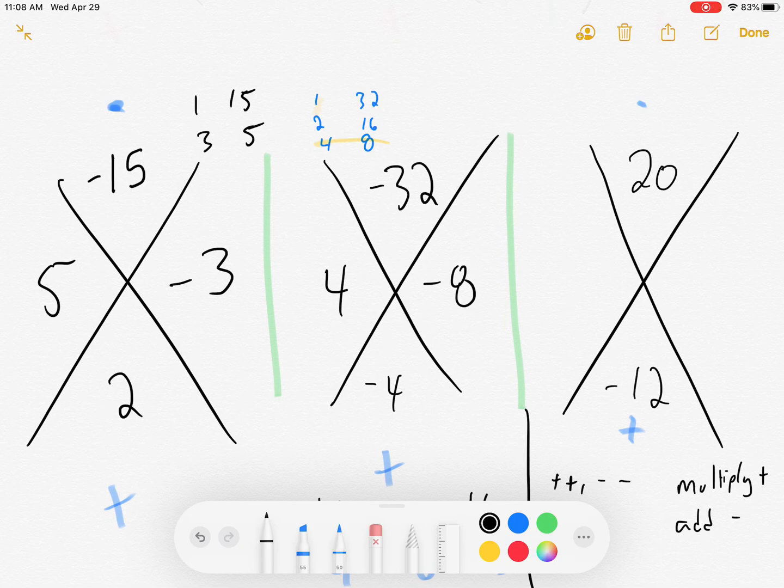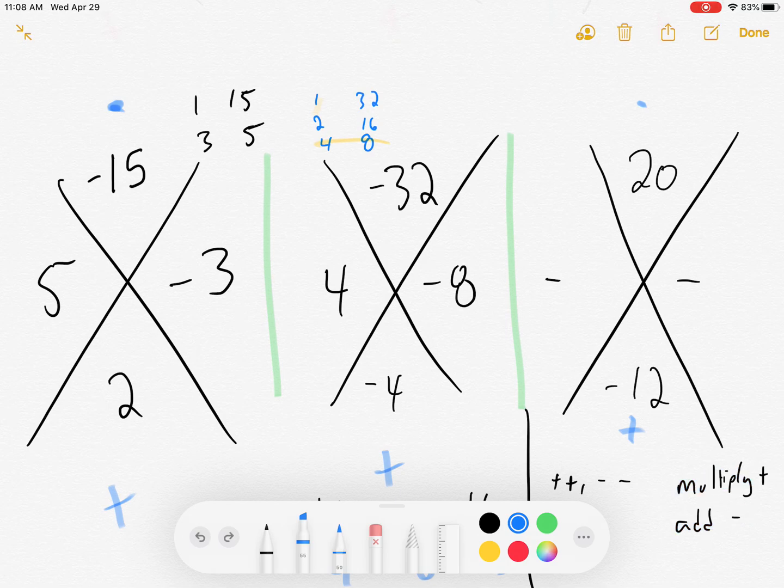Now, if we want them to add to be negative, the numbers would have to be a positive and a negative, or a negative and a negative. So what that tells us is that both of our numbers have to be negative, because they need to multiply to be positive and add to be negative.